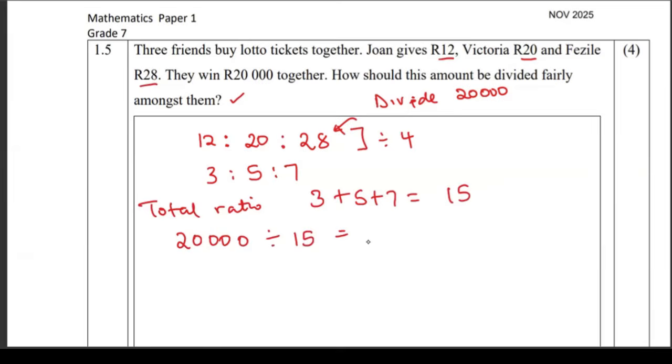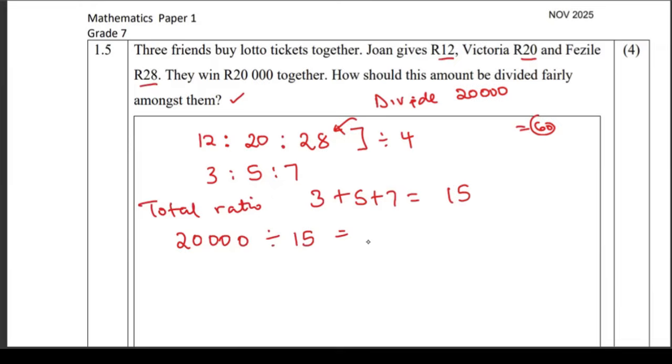So 20,000 is being divided by 15. If you still use the 12, the 20, and the 28, you still end up with the same answer: a total of 60, and then you divide 20,000 by 60. So 20,000 divided by 15 gives a very big number.